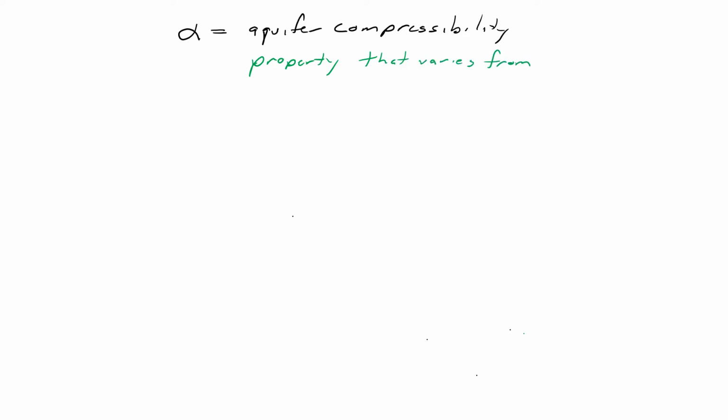This is aquifer compressibility. This is a property that varies from aquifer to aquifer, depending on what rock it's made out of.